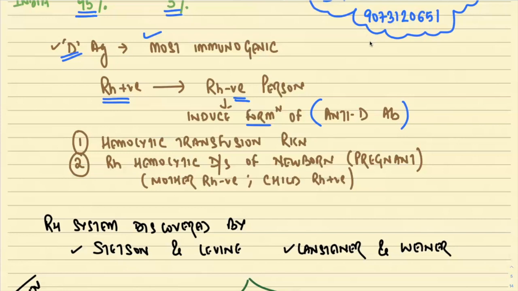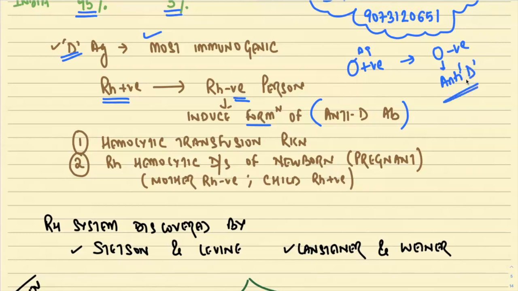So always remember, whenever we are giving blood, the donor's antigen is considered. For example, O positive blood is given to an O negative individual. What is going to happen? The donor blood contains the antigen, so if you give it, this individual is going to synthesize an antibody, that is, anti-D antibody.